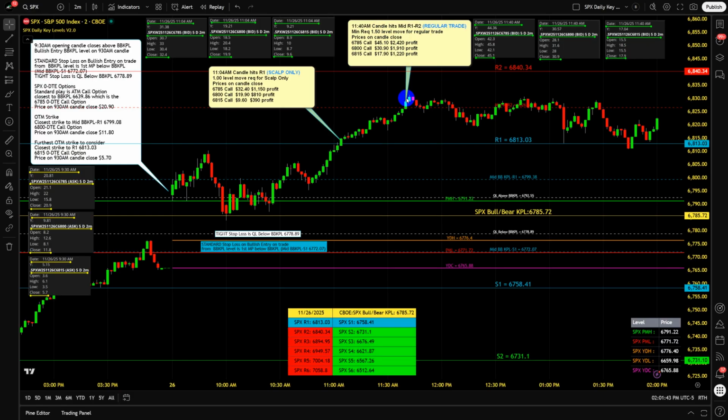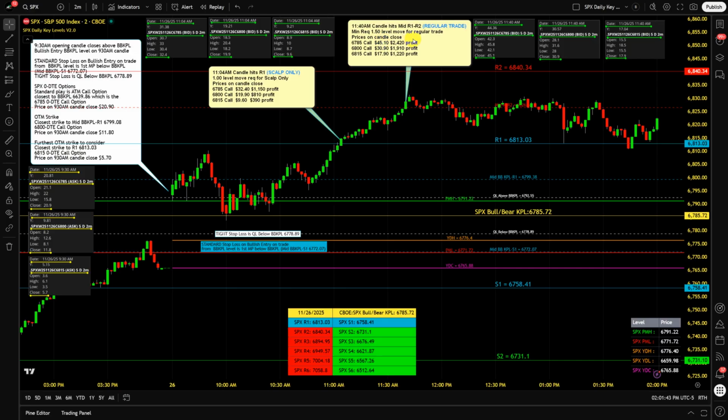When it meets the minimum 1.5 level move, you can either 100% close out all of your contracts, or you can adjust your stop loss to break even, meaning the price you paid for the option, or break even plus a 10 to 15% profit buffer. And in doing so, you're looking for an additional move up to succeeding levels above that.